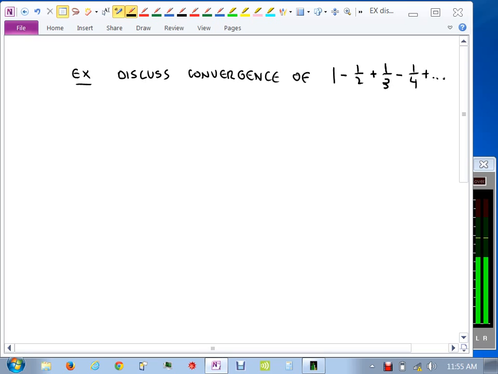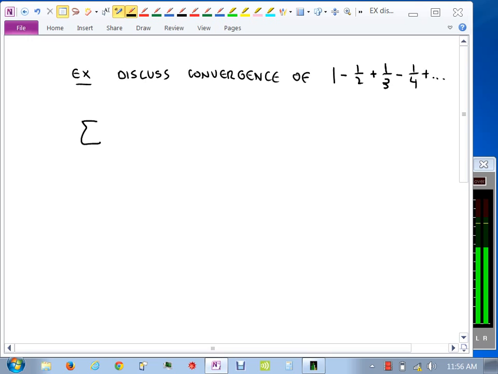It looked harmonic, didn't it? And we actually determined that this is not absolutely convergent, right? Because when we took the absolute value, it was harmonic, it diverged. We said it's not absolutely convergent. But I wonder if it itself is convergent. Well, let's see.